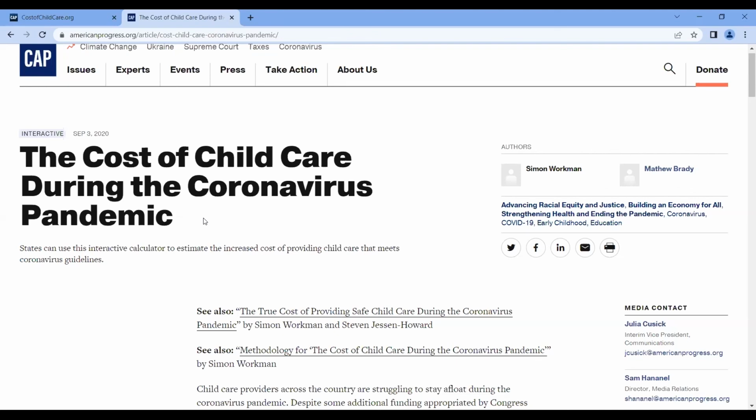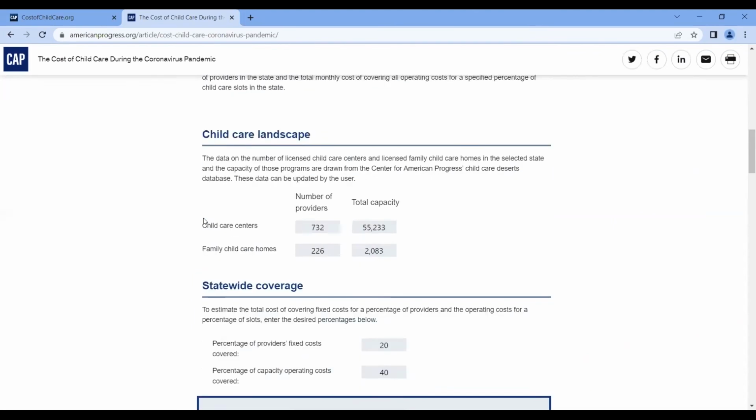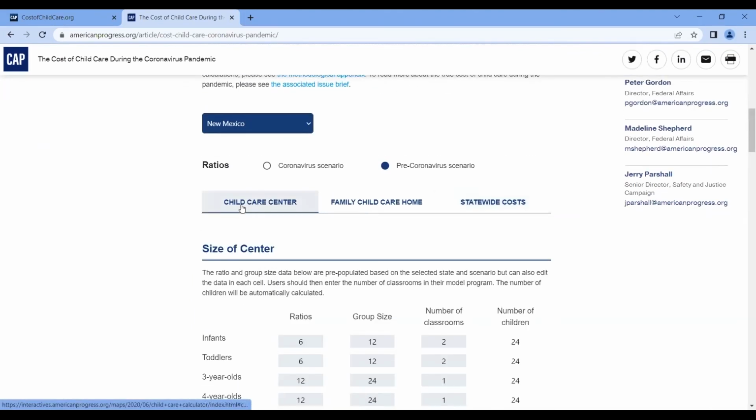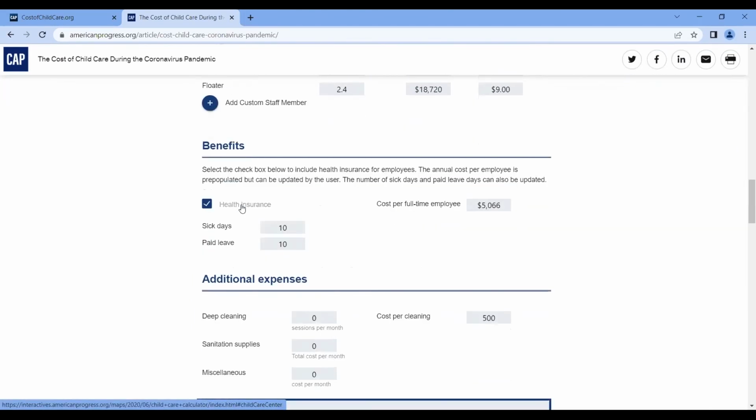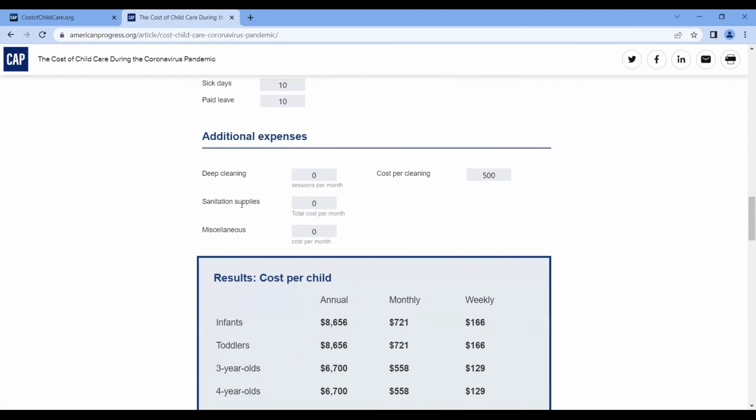In the very bottom of the calculator for the child care center, you see additional expenses. You can totally create categories in those additional expenses, but you would have to know what your unit cost is. You do, Diane, right? So you could do that.